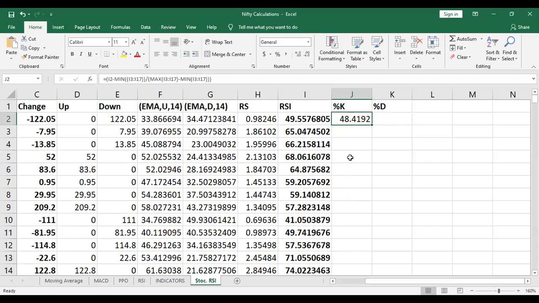Then we get this number. This is in percentage, so we get it as 48. Now copy the same formula till the last.